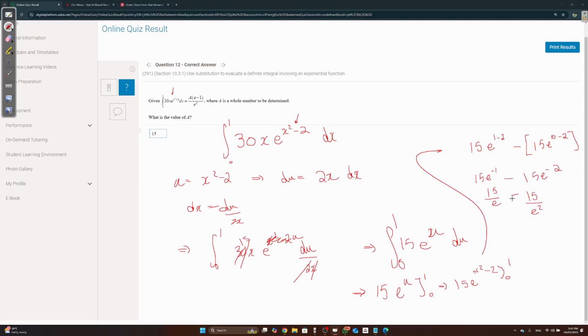If you want it as a common denominator, you have to multiply by e. You get 15e minus 15 over e squared, and they took 15 out as a common factor, so 15 times e minus 1 over e squared. So your answer for A is what? 15.